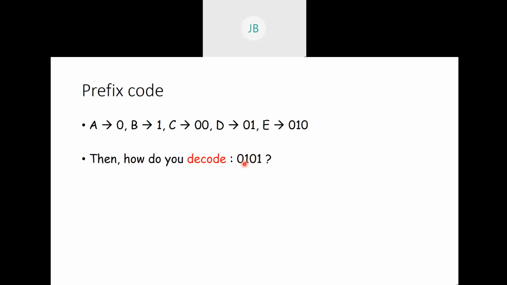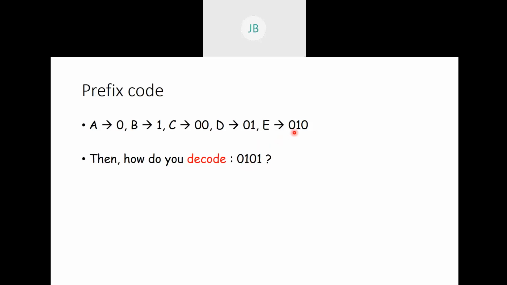Is there any other way? 0 is A, 1 is B. Next, we have 0, 1 together. That represents something? Yes, it represents D here, 0, 1. So is it A, B, D? Or 0 is A? Next, 1, 0, 1. No, we do not have any.